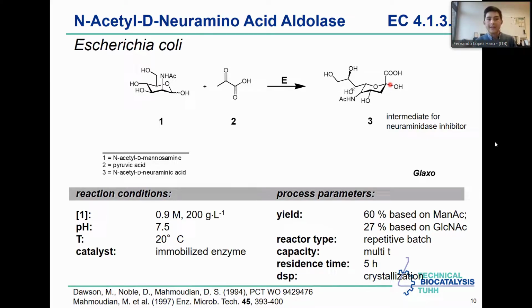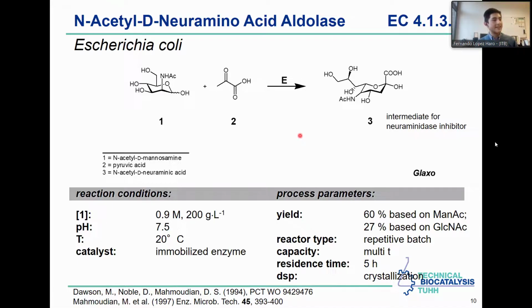It doesn't react against them. This is a personally relevant reaction because I am doing my PhD on this reaction specifically.